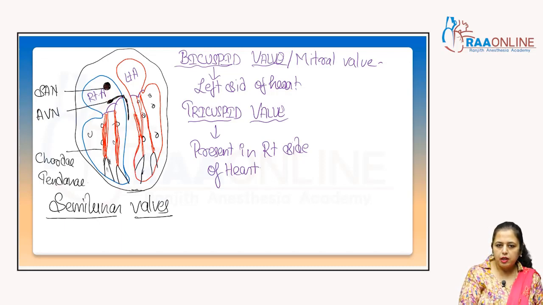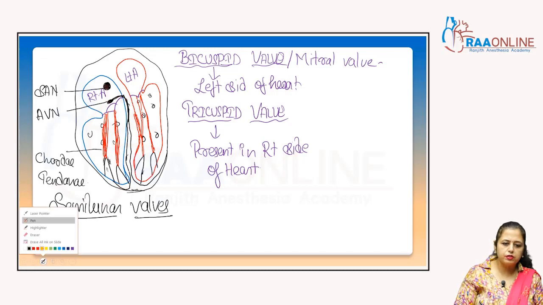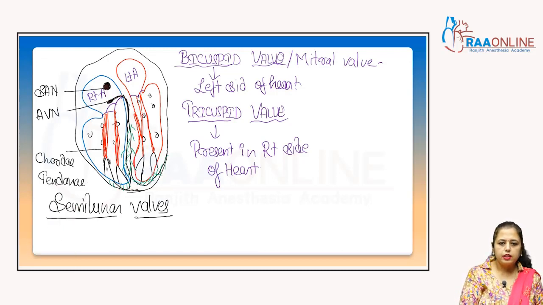From the AV node, a bundle of muscular fibers is released, which is called the bundle of His, right, and that bundle of His is divided into two branches like that, right. From these branches fine fibers are released and they attach with the wall of the ventricles, and these fibers are called the Purkinje fibers, right.